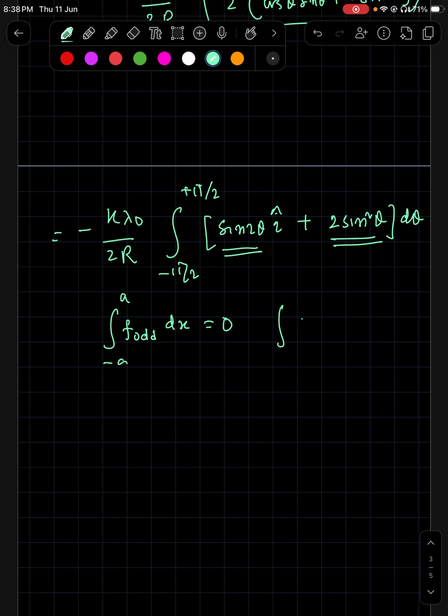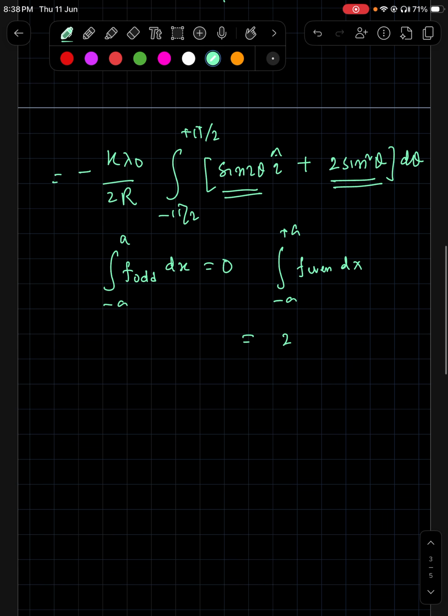Whereas for an even function, the limit can be modified to make our life easier: the integration of f even dx from minus a to plus a can be written as 2 into the integration from 0 to a of f even dx.